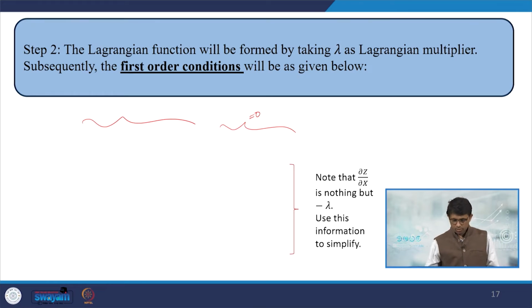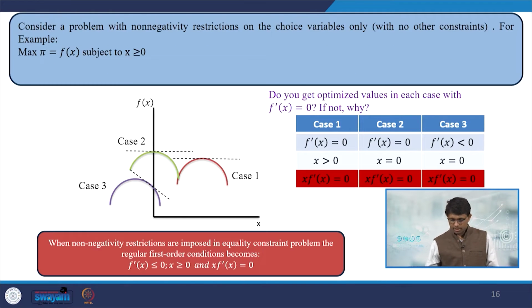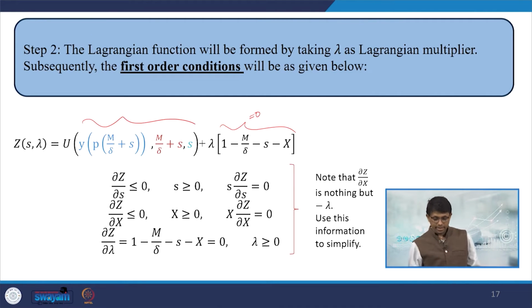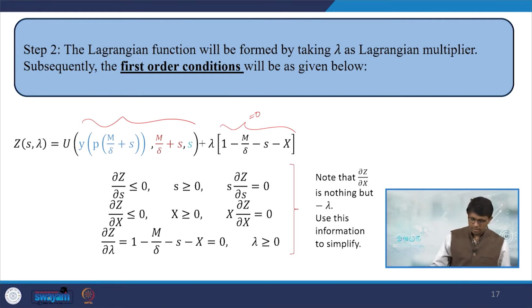This second aspect, the product, is going to be very useful. We note that dz by dx is basically minus lambda. We use this information to simplify lambda, which is useful for simplifying the condition.